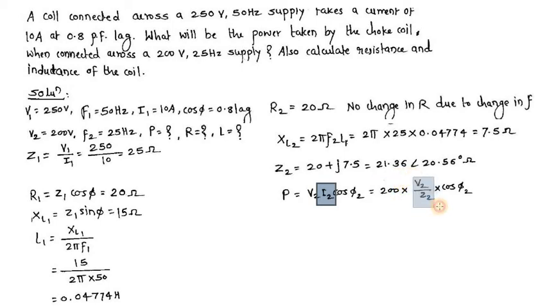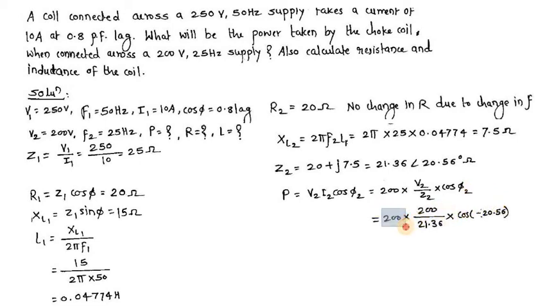It can be written as V2 upon Z2. And secondly, the power factor will also change because power factor depends on the value of X. Because we know φ2 also has a formula tan inverse of XL by R. So XL has changed, so φ2 will definitely change. So the changed value can be found out.